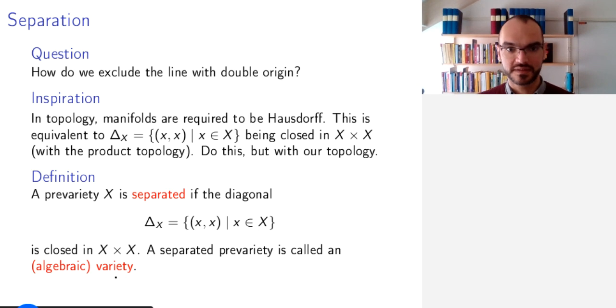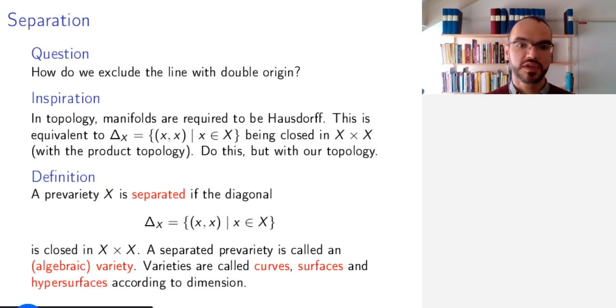So this is the moment where we drop the prefix pre and talk about an algebraic variety. An algebraic variety is a separated pre-variety. And we use the words curves, surfaces, and hypersurfaces to talk about algebraic varieties of dimensions 1, 2, and n-1 in some variety of dimension n, as we did with affine varieties.